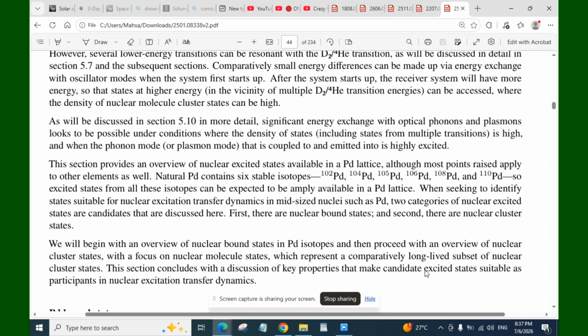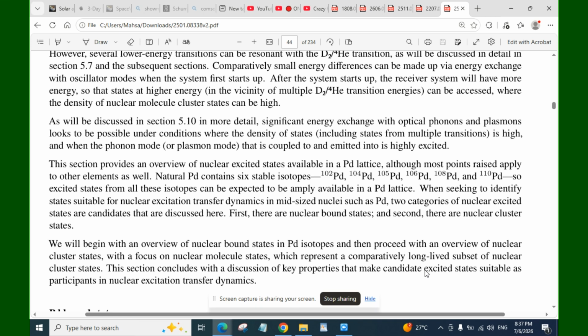This section provides an overview of nuclear excited states available in a palladium lattice, although most points raised apply to other elements as well. Natural palladium contains six stable isotopes: palladium 102, palladium 104, palladium 105, palladium 106, palladium 108, palladium 110.